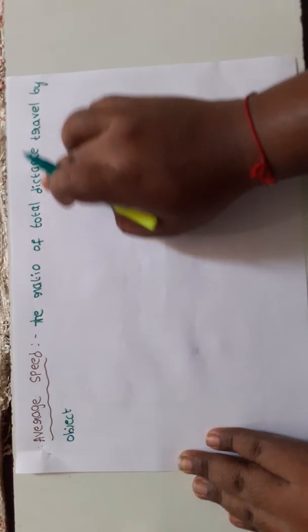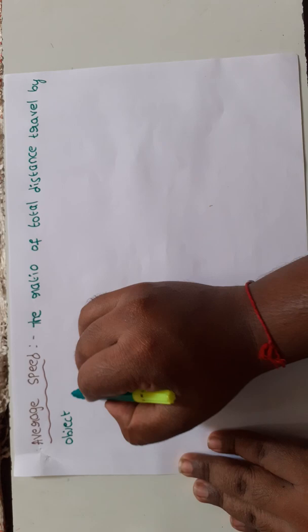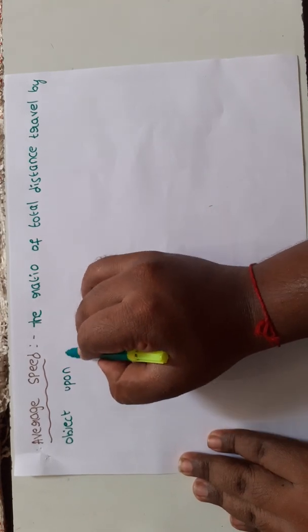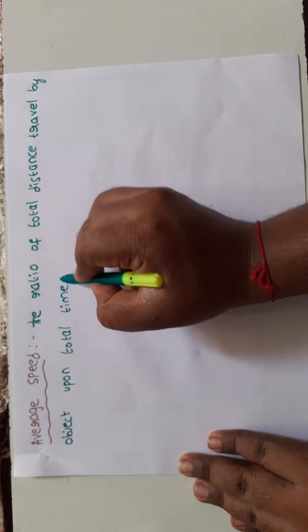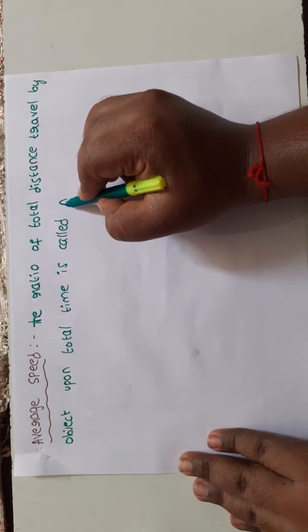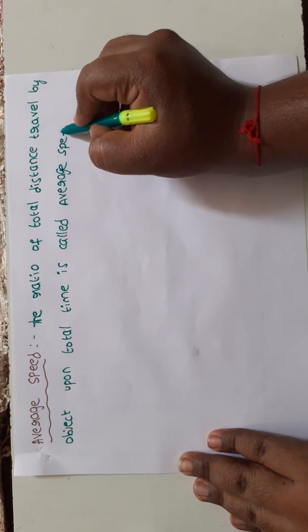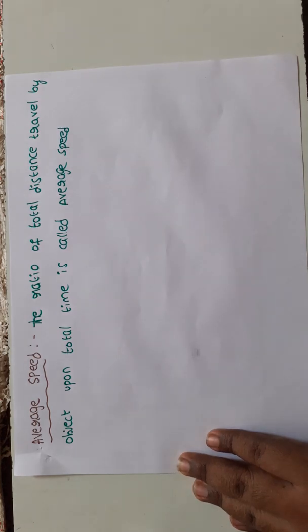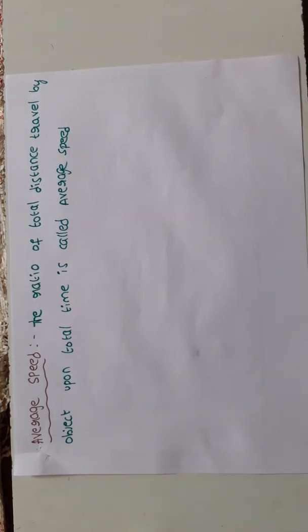upon total time is called average speed. Clear? The total distance traveled by any object may be 25 kilometers or 50 kilometers or 100 kilometers.